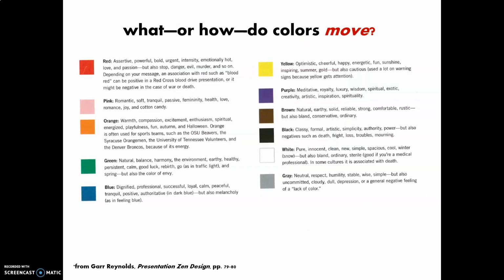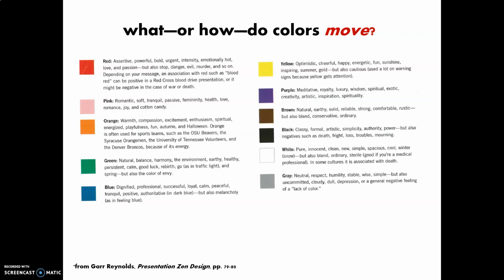Okay, and then in terms of culture, we talked about this a little bit when we read How to Cook Rice: different cultures have different values for color. So what you see here on the screen has to do with more Western values for color. Red means assertive and powerful, but also danger, evil, murder. Whereas red in, for example, Chinese culture means more good fortune and good luck.